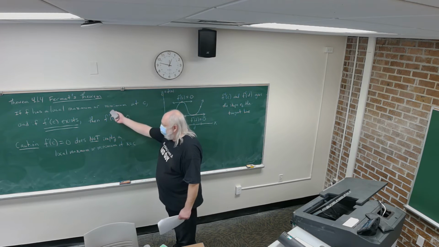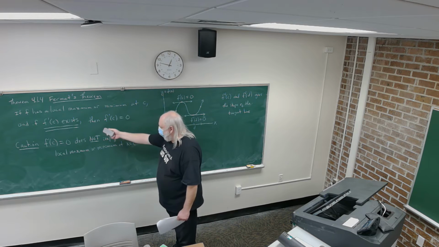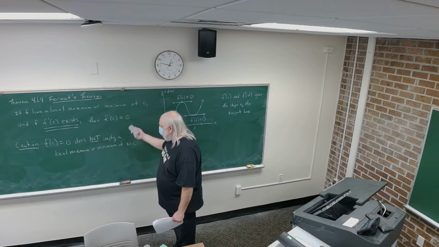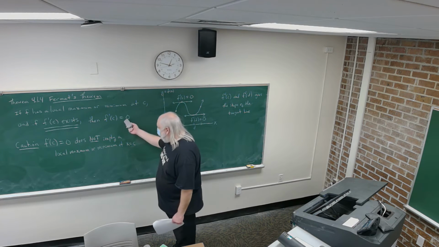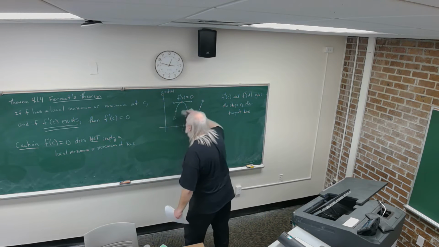This says if there's a local maximum or minimum at x equals c and the derivative exists, then the derivative at x equals c has to be 0. You can't do the reverse. You can't conclude if the derivative equals 0, then there's a local maximum or minimum at c.